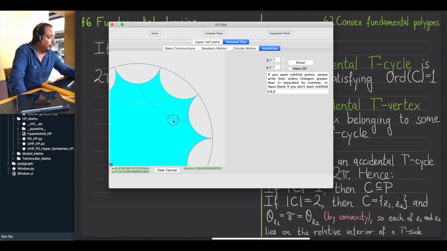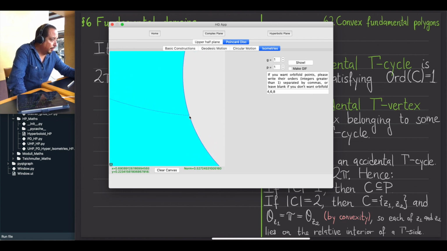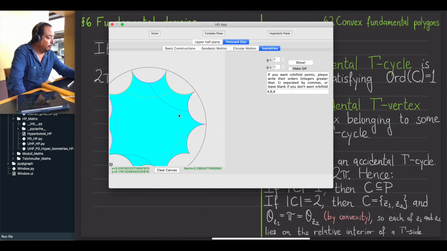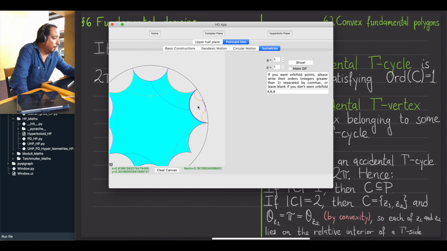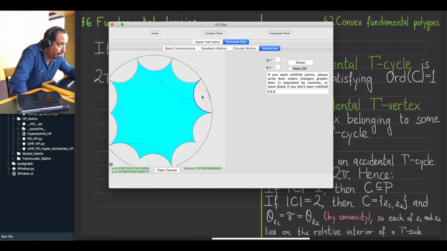Consider, for instance, this point over here, which is in the boundary of my convex polygon. The way I produce this other region is by applying some Mobius transformation in the Fuchsian group gamma.